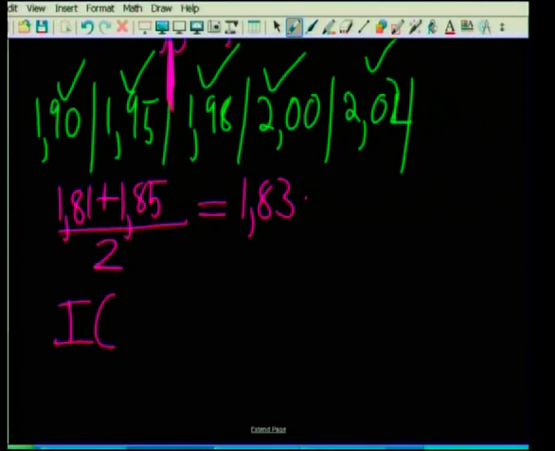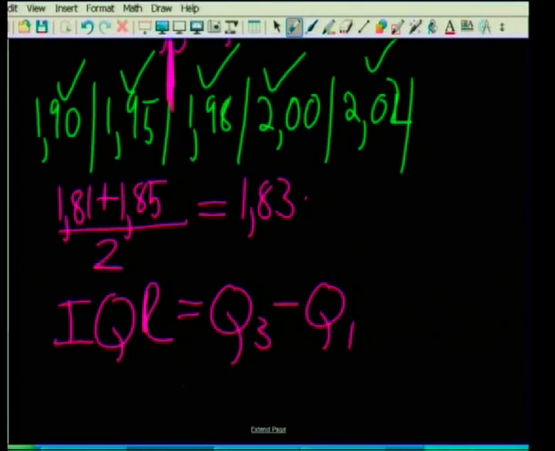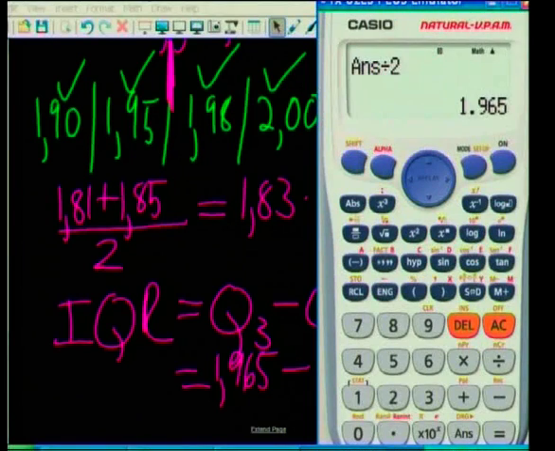Now remember the question asked us for the interquartile range. So the interquartile range is Q3 minus Q1. Q3 is 1,965. Q1 was 1,76, right? Minus 1,76. Out with the calculator, 1.965 minus 1.76.